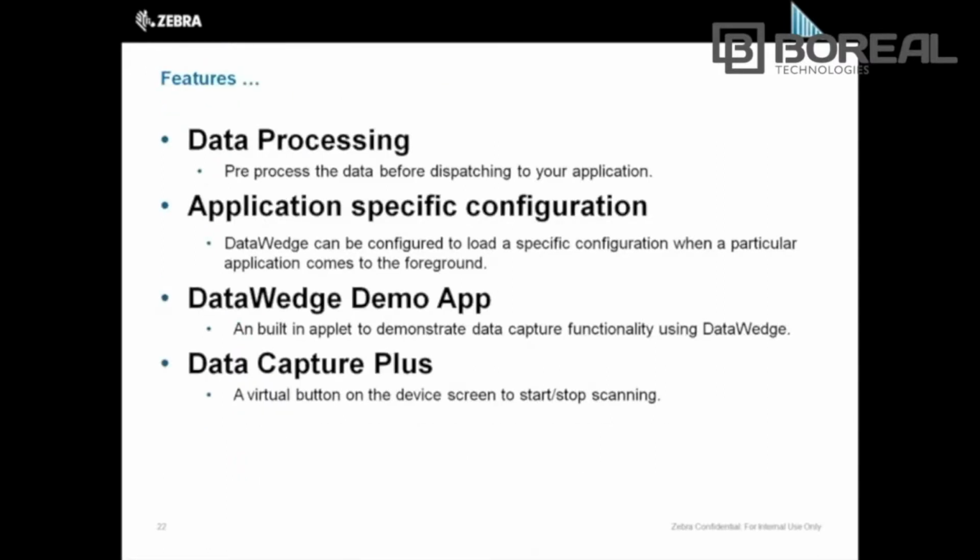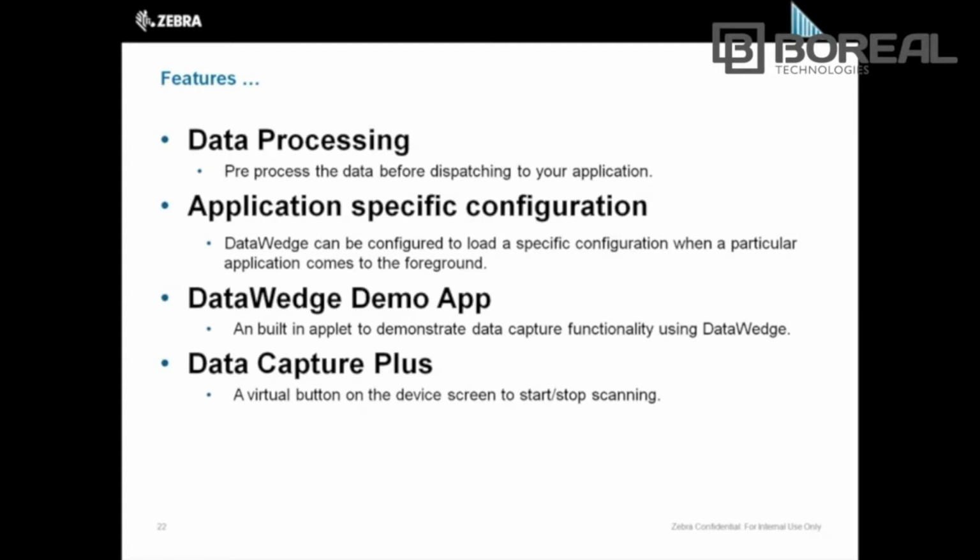Additionally, as Eddie also mentioned, data processing is possible, through advanced data capturing or basic data capturing. And the beauty of DataWedge is that you can specify the configuration for your own application.